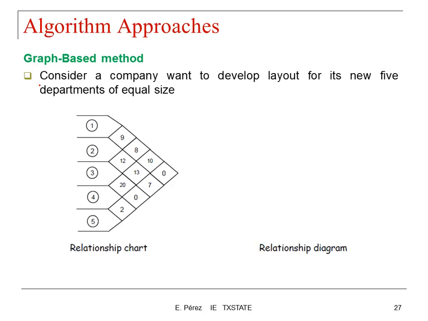So here's an example. Consider a company that wants to develop a layout for its new 5 department facility of equal size. So we're going to have 5 new departments of equal size, and we have this relationship chart.